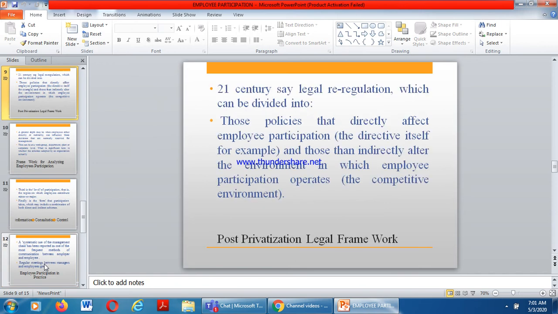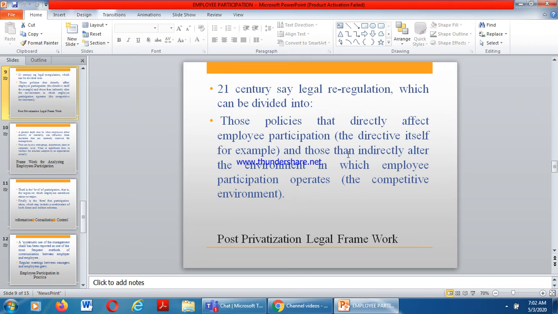Next slide, we will discuss how the 21st century saw legal re-regulation. Laws have been changed in two ways: those policies that directly affect employee participation, the directive itself for example, and those that indirectly alter the environment in which employee participation operates, the competitive environment. So how have the policies changed in Europe and America?